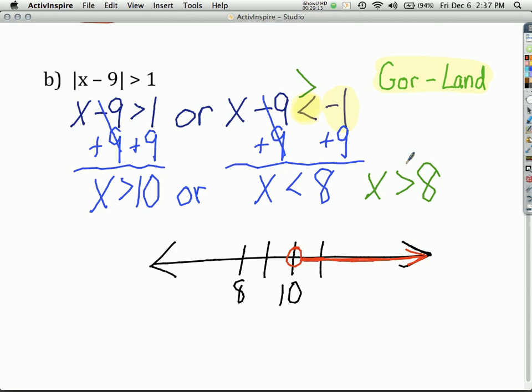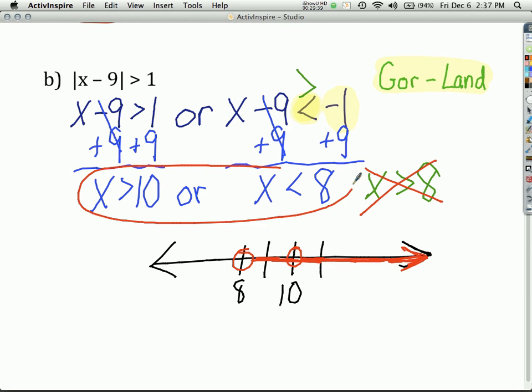Now watch what happens if I do this one. X is greater than 8. Does that seem to make sense? Doesn't really make sense, especially because of this right here. It's like crossing over that. So in actuality, this does not make sense. This makes perfect sense.